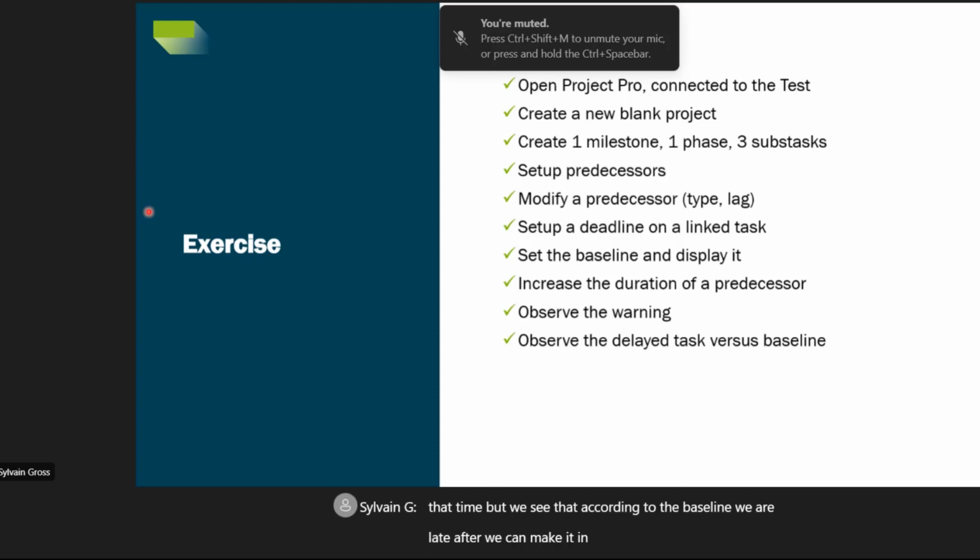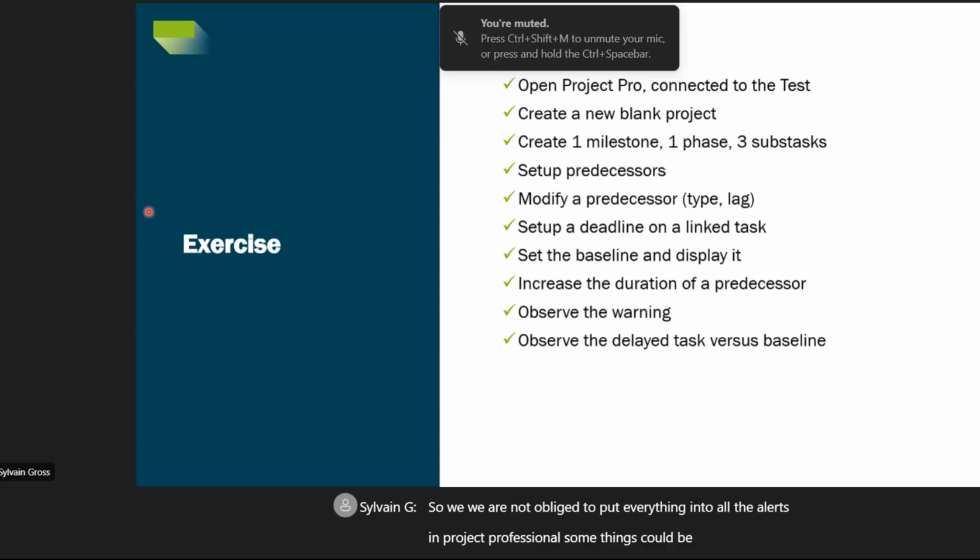After, we can make it in Project Online and make it available in Project Professional, but we don't have to forget that we will create different reports based on the planning, in Power BI, in Excel, and things like that. So we are not obliged to put everything into the alerts in Project Professional.